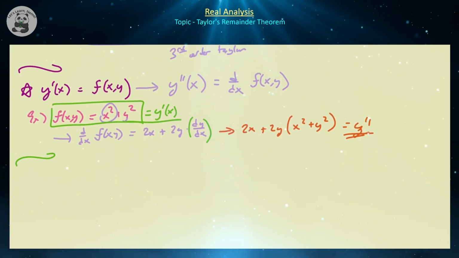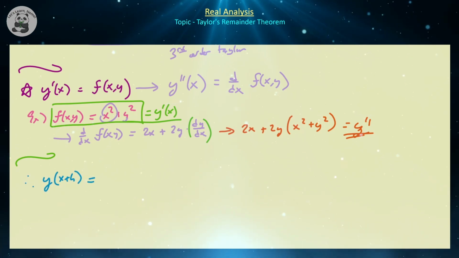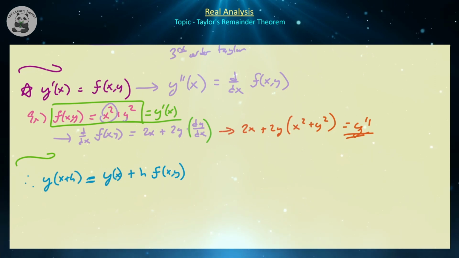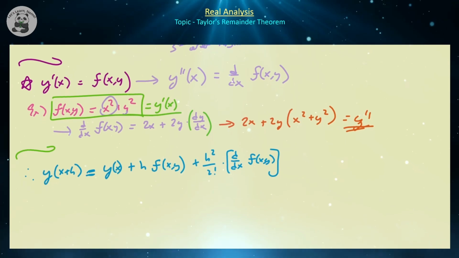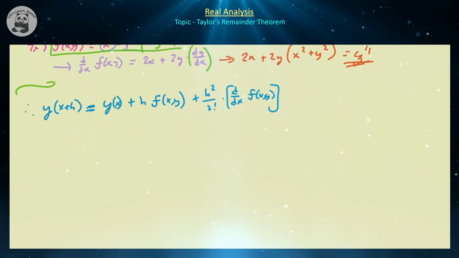So therefore, if we write this out explicitly, we're going to have y of x plus h is approximately equal to y of x plus h times our original f of x, y, and then plus h squared over 2 factorial times the derivative with respect to x of f of x, y, which obviously depends solely on our differential equation.